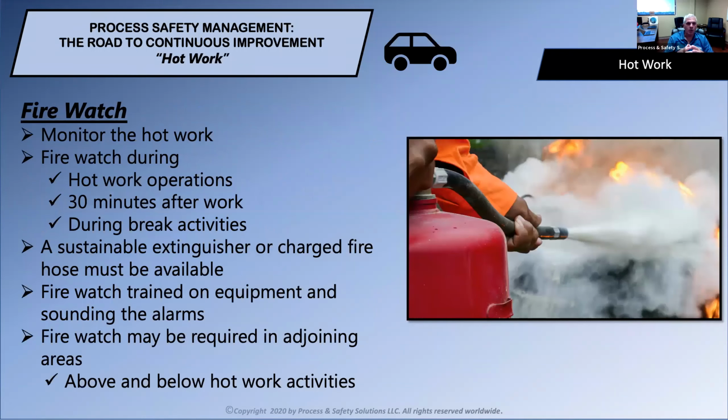So when it comes to Firewatch, let's just talk about what their requirements are. Their responsibility is to monitor for the hot work, period, just to monitor. Firewatch operates during the whole hot work operation and 30 minutes after the work is completed. So once they start, they must remain there for 30 minutes after the work and during break activities as well.